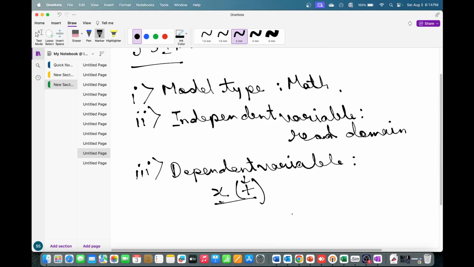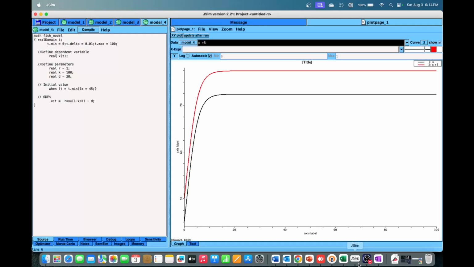So say for example you define a dependent variable just by x, it will not assume that this variable is dependent on t. You have to give t in brackets. You need to remember these syntaxes, because you will not be asked to write full codes of JSim. What will be given is small snippets of JSim code, and you will be asked what this code does, or what is the mistake in this code, stuff like that.